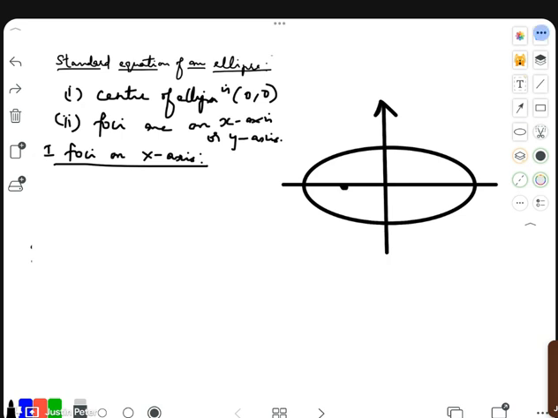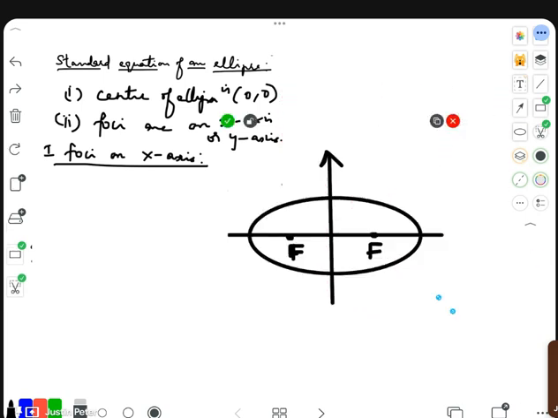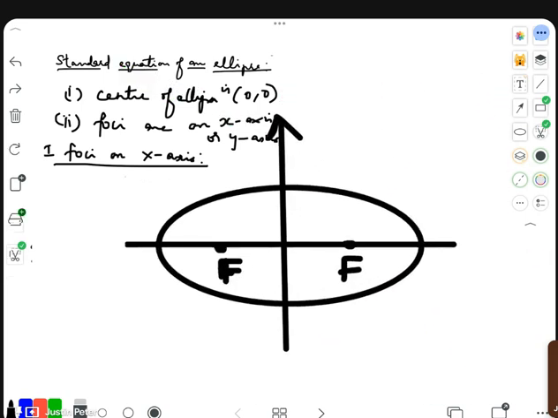So you have the foci. F1 was minus C, 0 and F2 was C, 0.